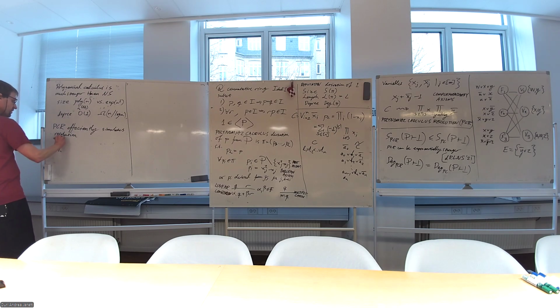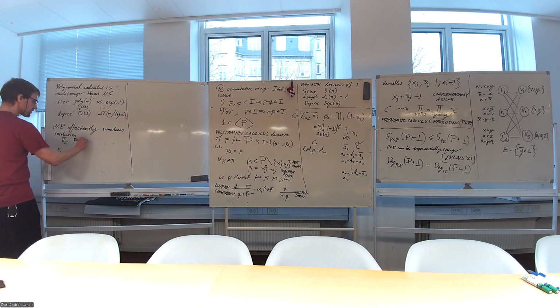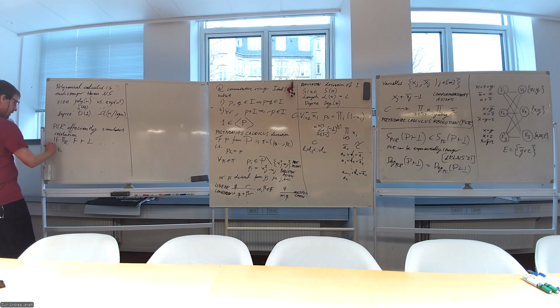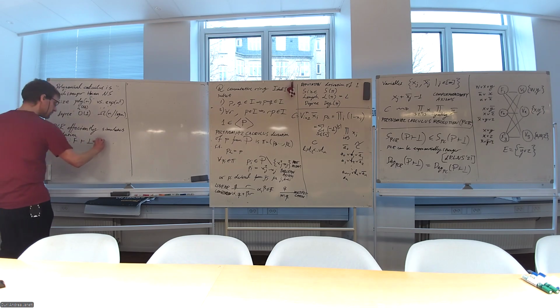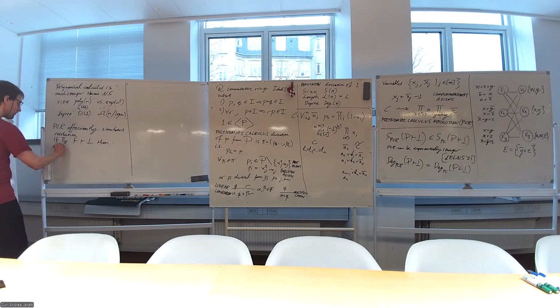What this means is that suppose that I have a resolution refutation of some formula f. Then I can find a PCR refutation of f. And note that here what I mean is the translation of f into polynomials.